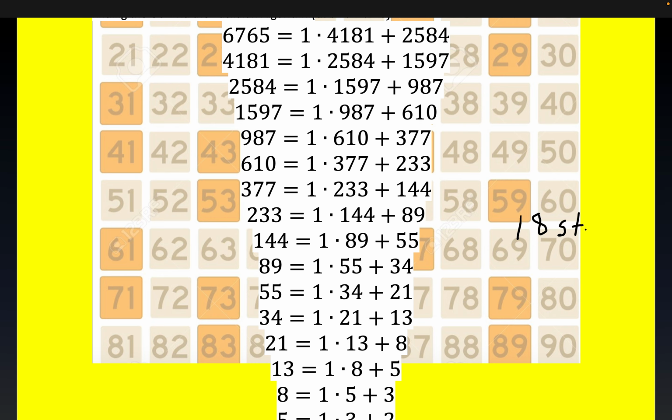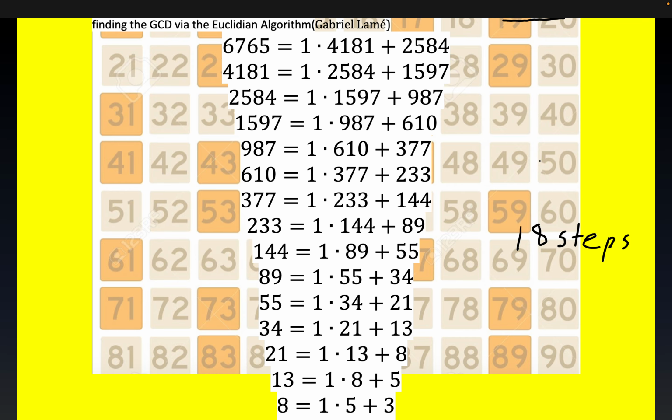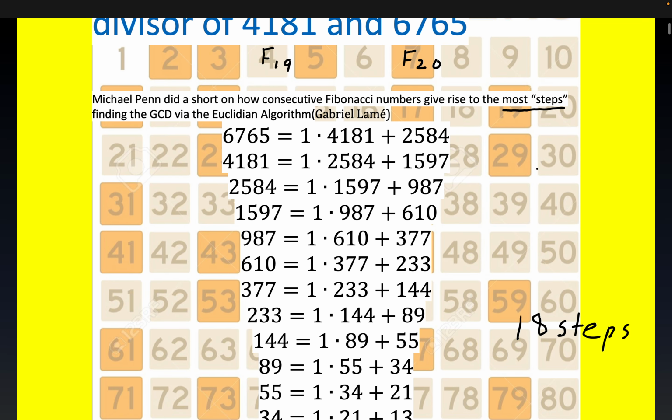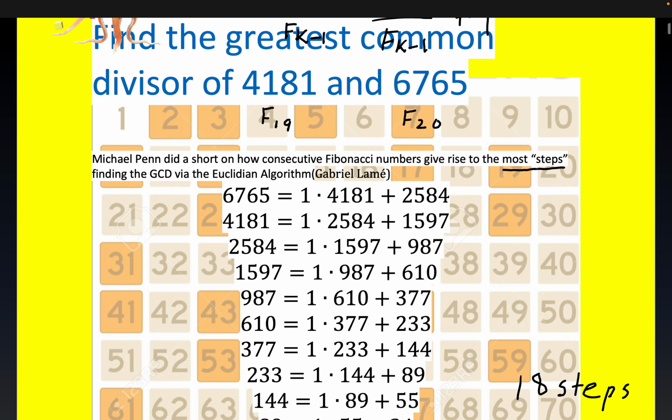18 steps. And I know that Dr. Penn actually grappled with a suitable definition for step, which is just something to worry about, but he didn't worry about it too much. But notice right here that this result by Gabriel Lame goes like this. You look at the number of digits in the smallest number in the process, and that smallest number is 4181.